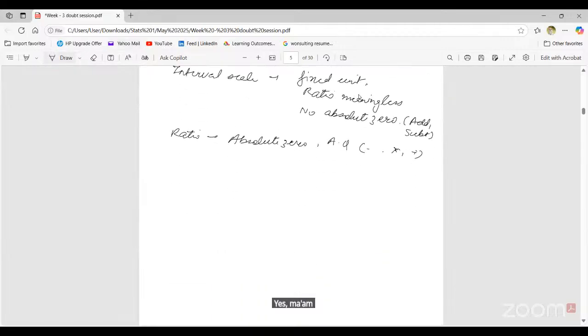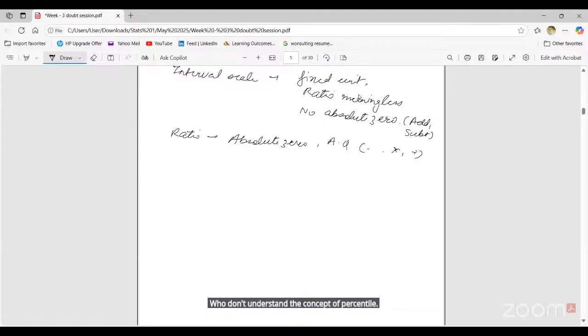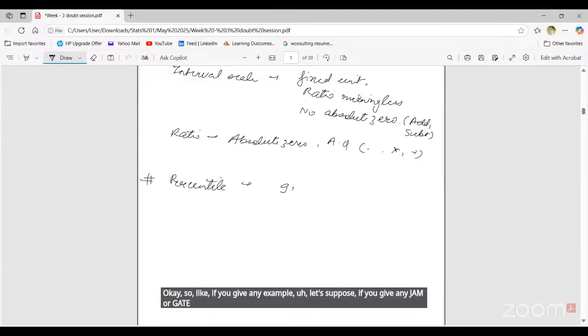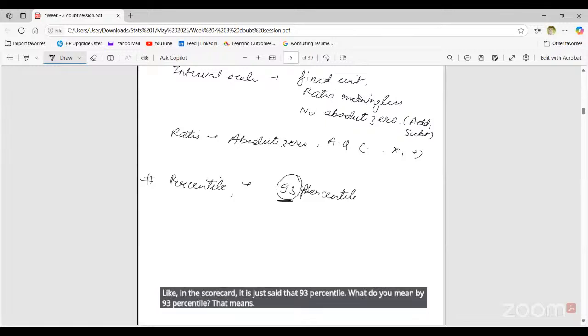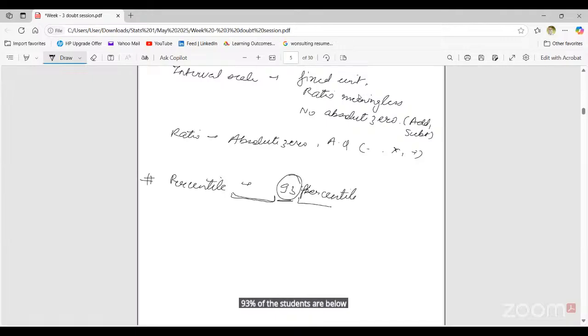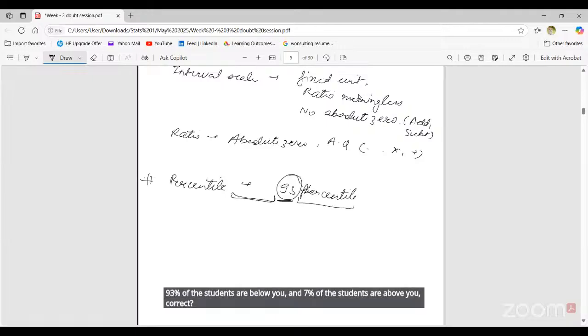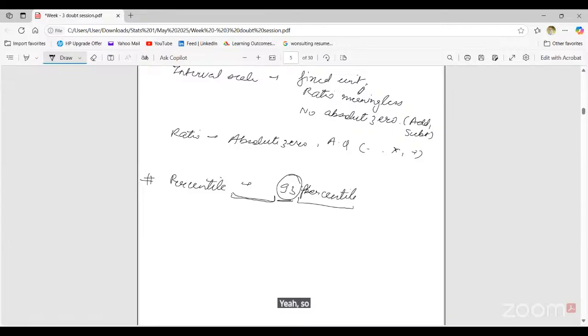So percentile is basically, let's suppose you give any JAM or GATE exam and you get 93 percentile, right? In the scorecard, it is just said 93 percentile. What do you mean by 93 percentile? That means 93% of the students are below you and 7% of the students are above you, correct? Yes, ma'am. Yeah, so that is a 93 percentile.